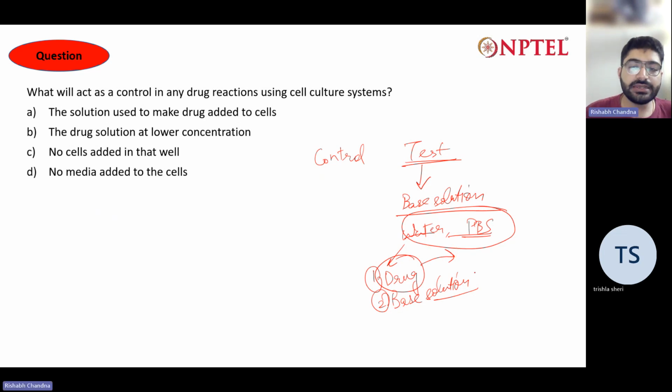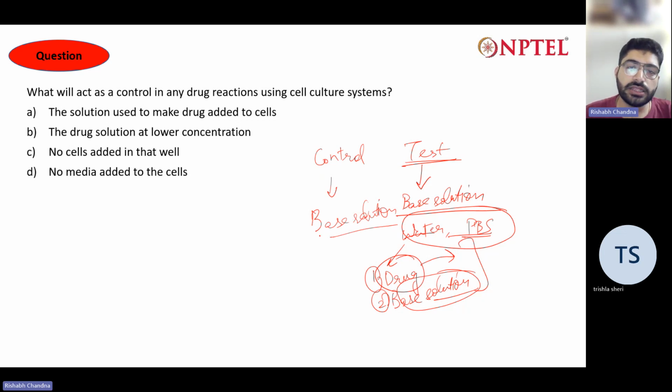Generally this base solution is non-toxic to the cell, but we have to consider the fact that it can be toxic to the cell in any case. So the test group will have both the things and the control group will have only the base solution. So that can be water, PBS, or anything.